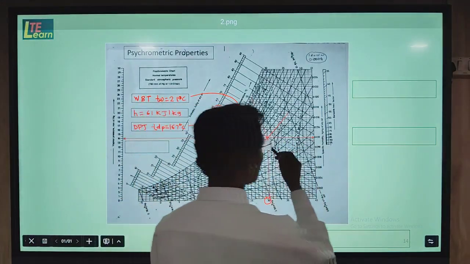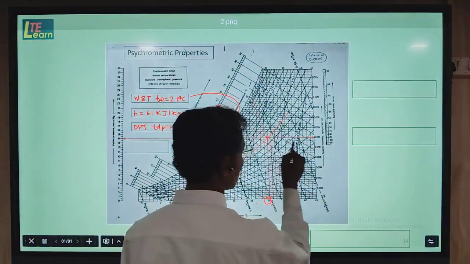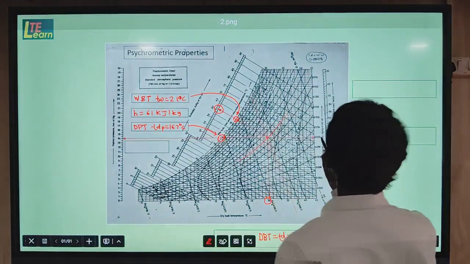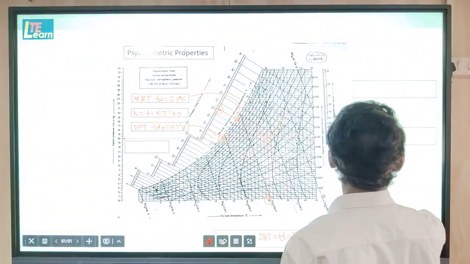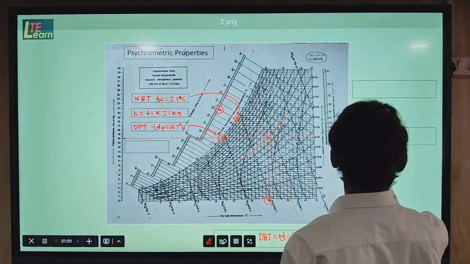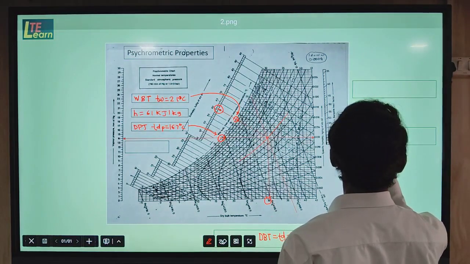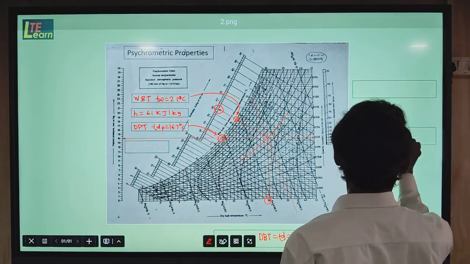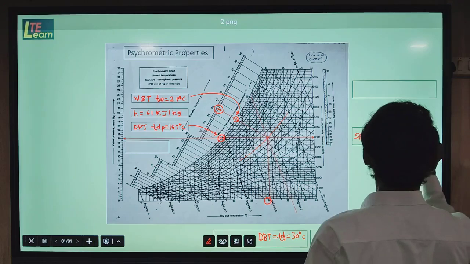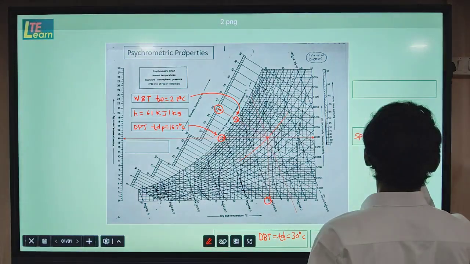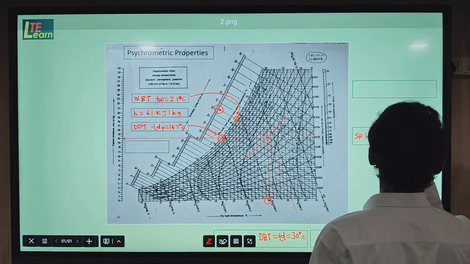Then if you go to the right side horizontally, this is the specific humidity, W, and the value is here 0.012, unit is kg per kg of dry air.